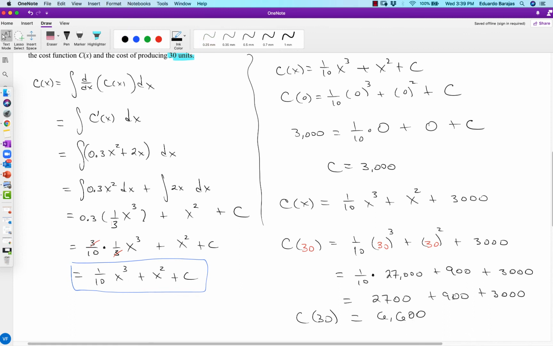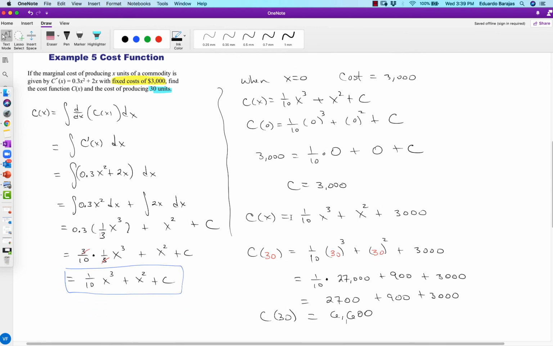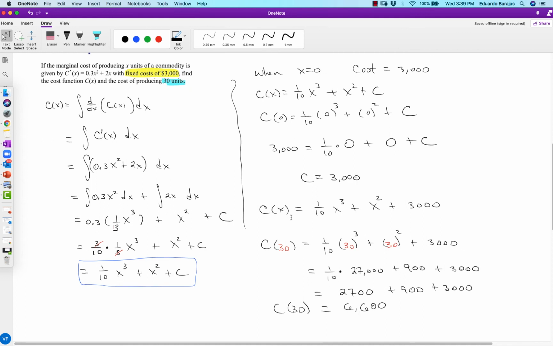Okay, so the cost to produce 30 units will be 6,600. Find the cost function C of x. Okay, so the cost function C of x, including the constant, is this one. So this is a preliminary answer. It's not the answer to this question. So here is one of our answers.